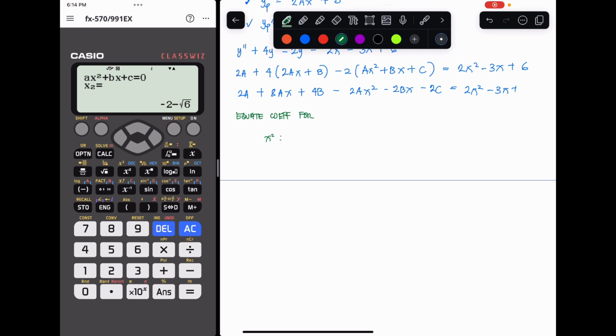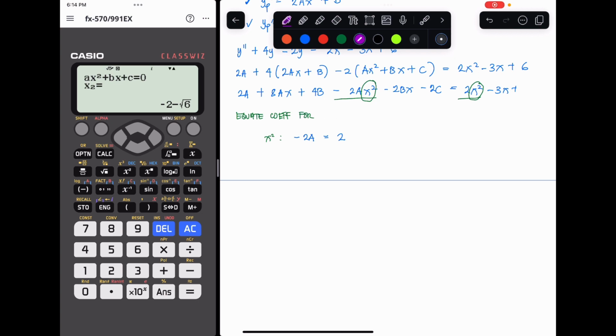The coefficient for x squared, this is the term that involves x squared, and this is the term that involves x squared as well. What we're going to equate is just the coefficient. So the coefficient of x squared here is negative 2a, and at the right hand side, that would be equal to 2. So that is for x squared.